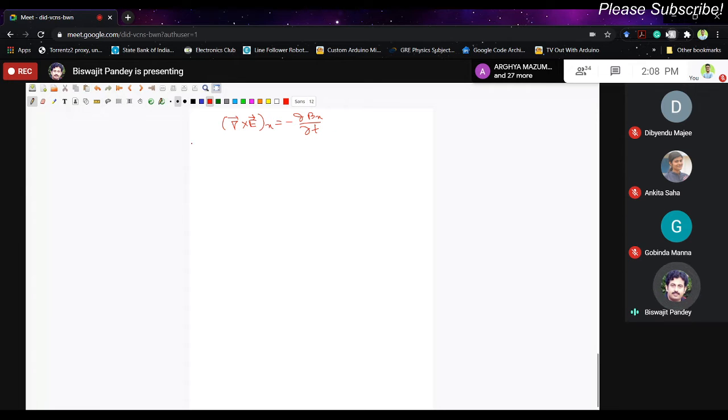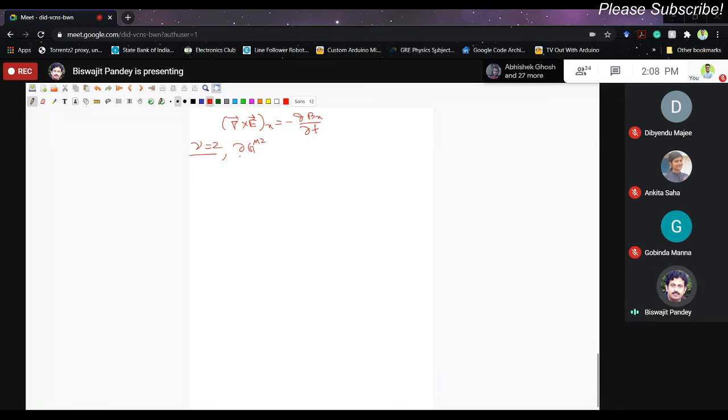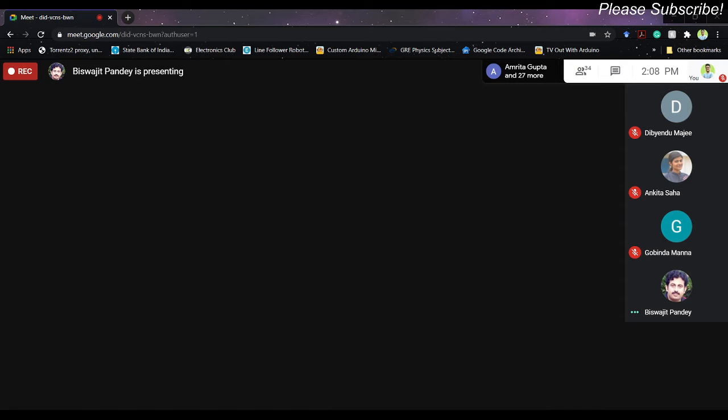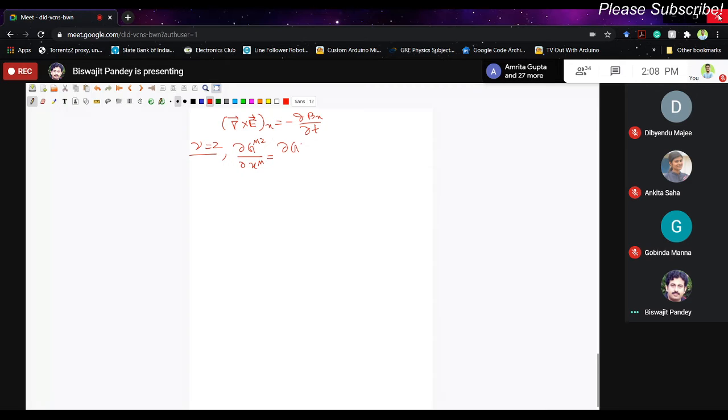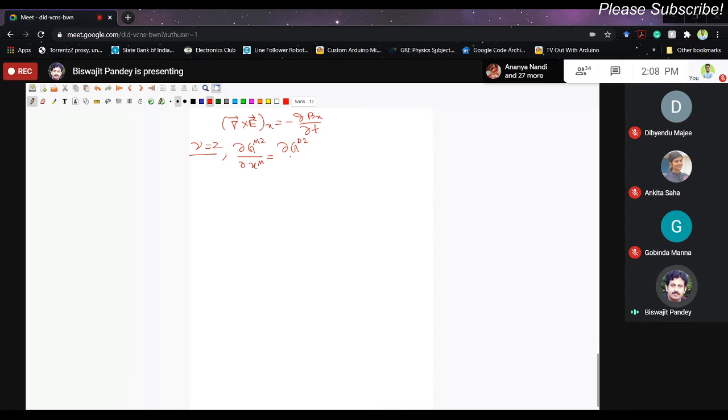In the same manner, if I calculate this for mu equal to 2, we have del G mu 2 del x mu equal to del G 02 del x0 plus 0 plus del G 12 del x1, del G 22 del x2, del G 32 del x3.